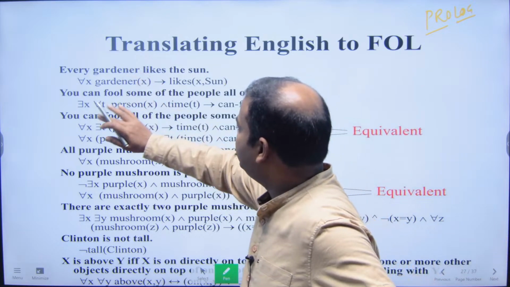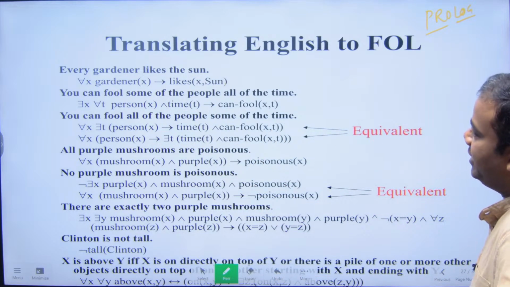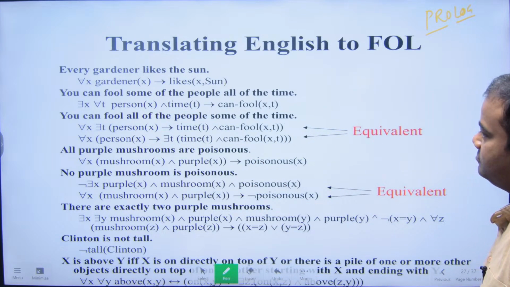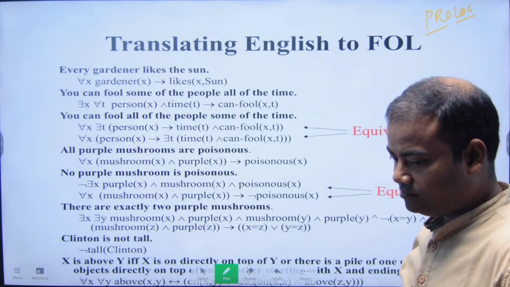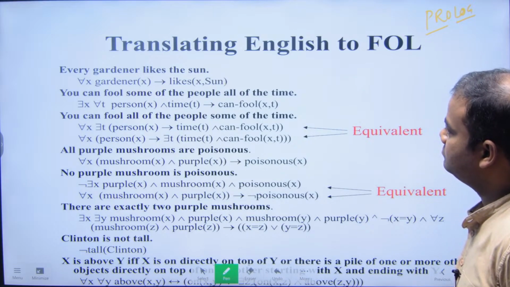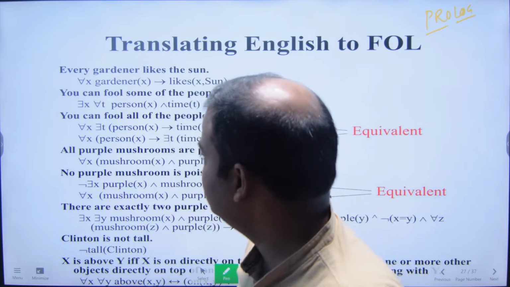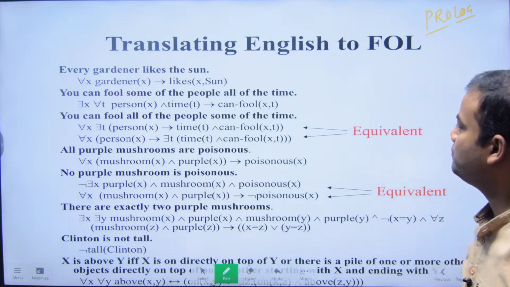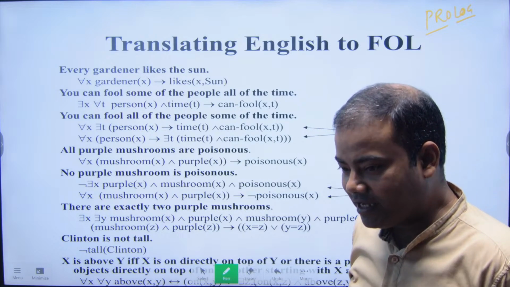Now this is a little bit difficult: you can fool some of the people all the time. Some of the people means there exists. So there exists some person, means there exists x and person x.